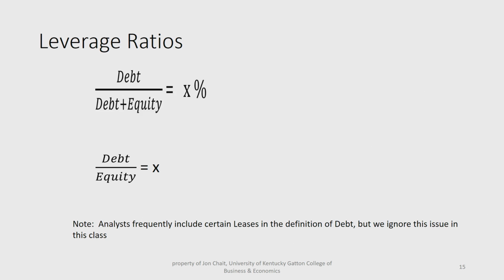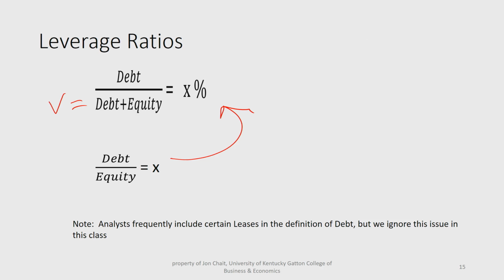interest-paying obligations. So we have two leverage ratios that we use. The preferred one we have is up on the top, debt in the numerator, to debt plus equity in the denominator. Sometimes we'll see a debt to equity ratio, and generally in our class we're going to need to convert it into the top one, into debt over value. And remember, debt plus equity equals value.